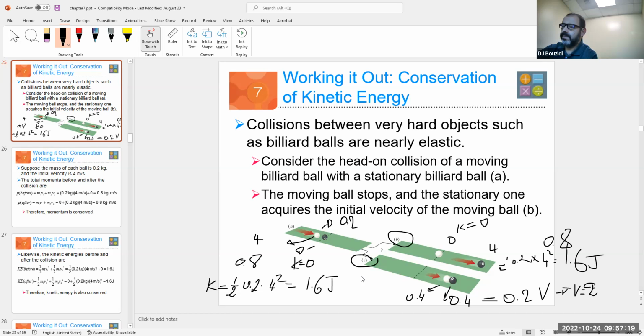In case C, it's going to be different. And let's see how much it is. Remember, the initial kinetic energy is 1.6 joules. I'm going to write it in here because I have space in here to write down. So each one will have the same kinetic energy because they are moving with the same speed of 2 meters per second. And they have the same mass. So it's the same 1/2 times 0.2. That's the mass. Times the velocity squared. And the velocity squared now is 2 squared.